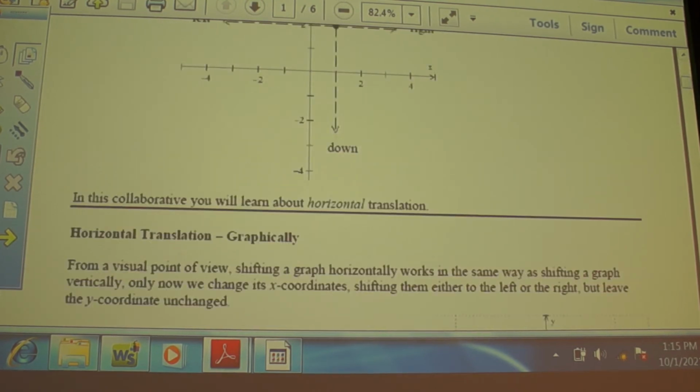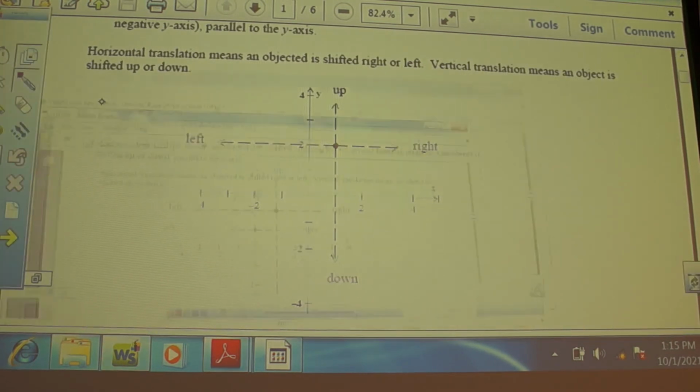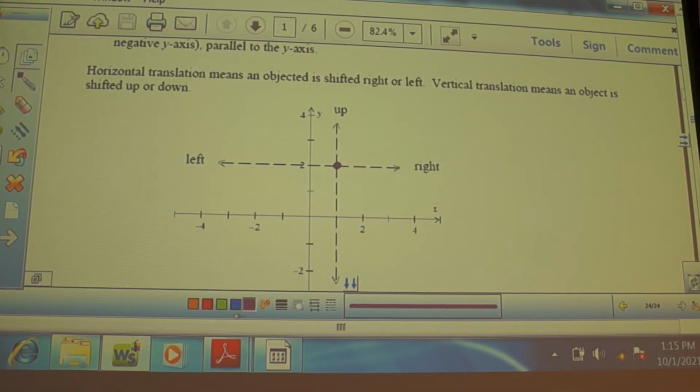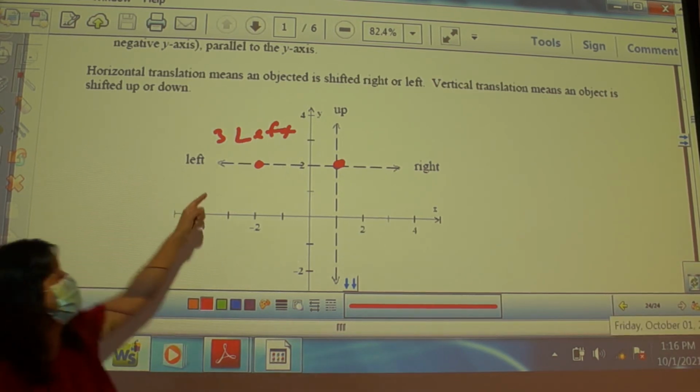If my x is here, and I shift it here, I've gone 3 to the left. Everybody with me on that part? I start off with the horizontal, and then I end up over here.